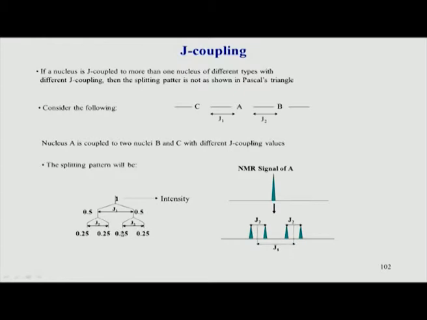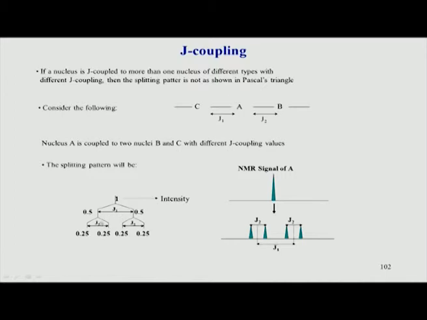The main point here is these two central lines. In the earlier slide we saw that they combine and become 0.5, but here they remain separate, and the reason they remain separate is because the J1 and J2 values are not the same. If J1 and J2 were the same, then these two lines would have combined into one because they would have come to the same position.